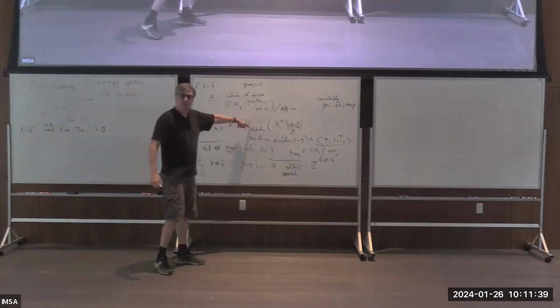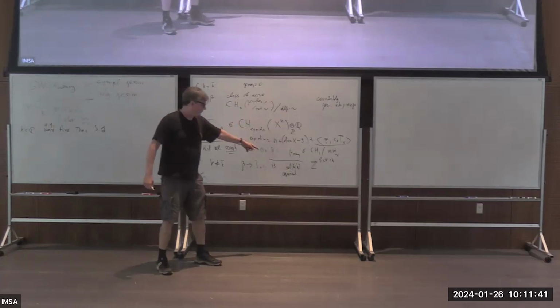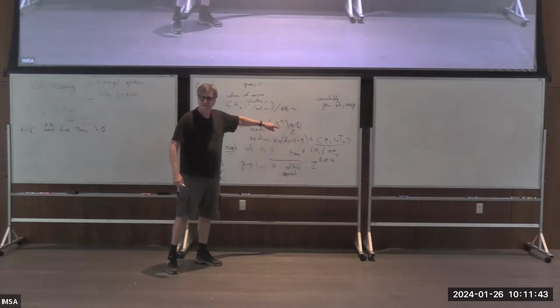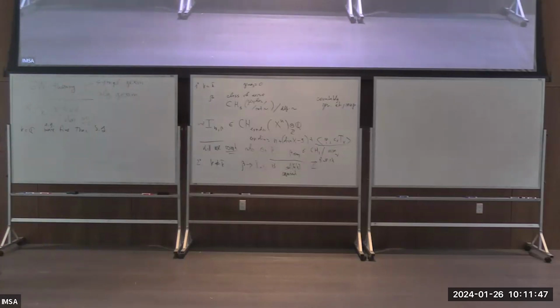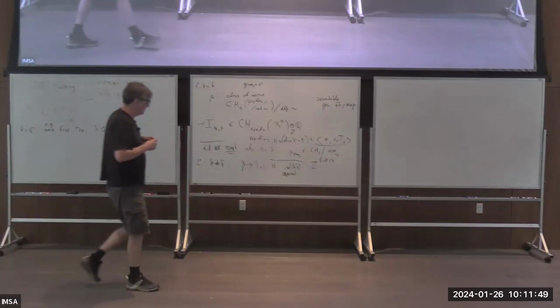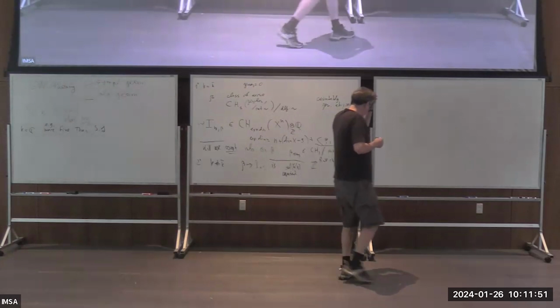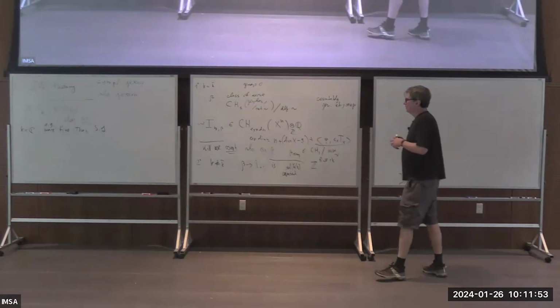Galois permutes classes of curves and also has some action in this way. Okay, so that's the whole story.